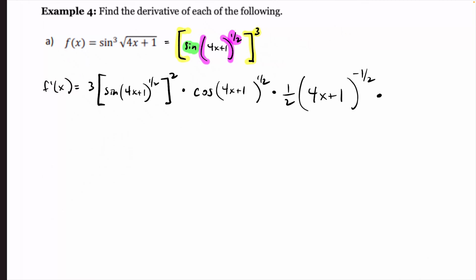Anything on the inside, rewrite it. Chain. Last, fourth and final layer is 4x plus 1. The derivative is just 4. So I have this times this times this times 4.